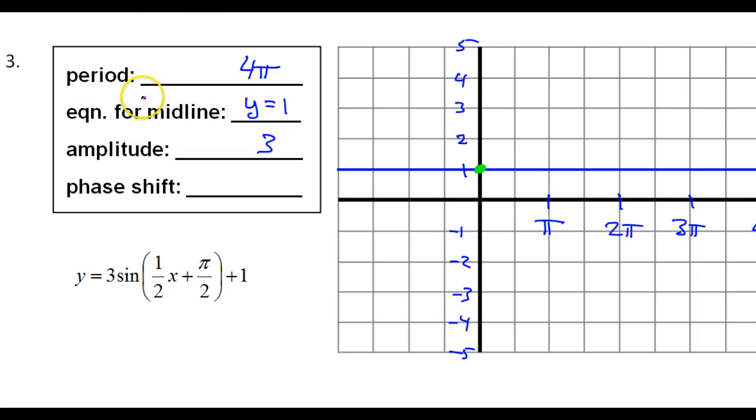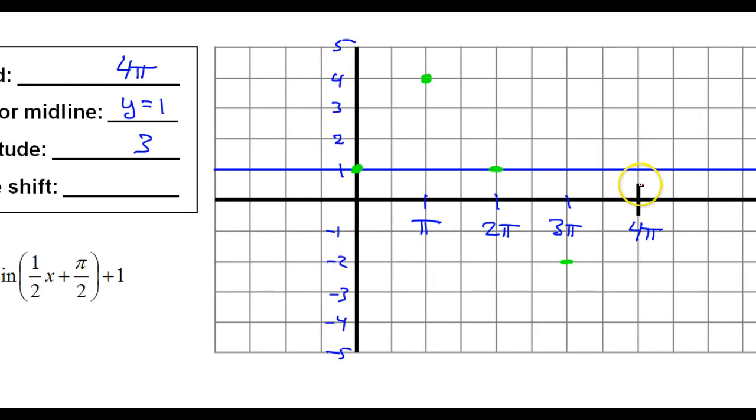So it's going to go up by the amplitude from here. It's going to go up 3, and then back to the midline, and then down 3, and then back to the midline. Okay, so this would be my skeleton. I am not going to connect these dots.